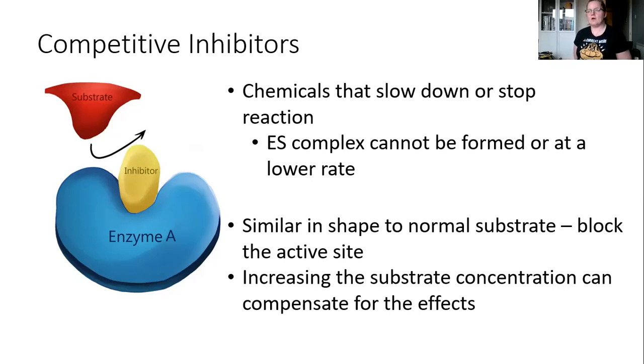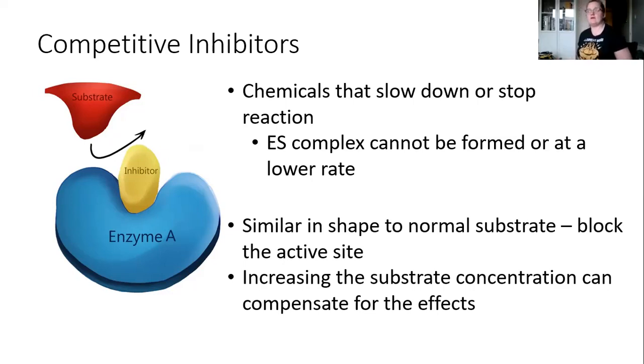Now, what that means is if we increase how much substrate is present, then whilst, yes, an inhibitor's in place, a substrate can't bind, it can't make an enzyme substrate complex, it can't go and make its product. There will be other enzymes that don't have the inhibitor in place.